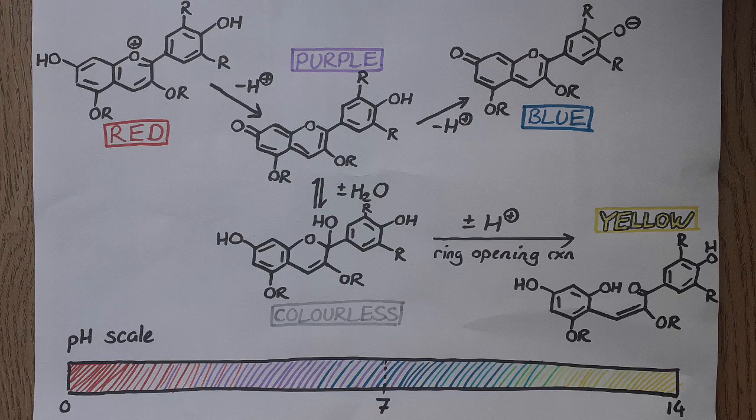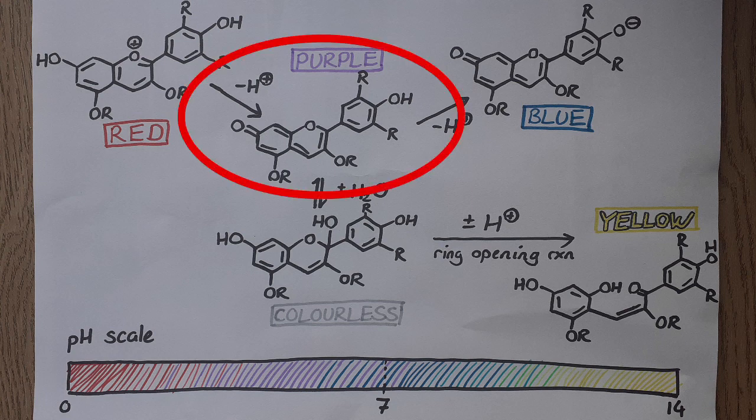This reaction scheme shows how anthocyanins behave at different pH levels. At very low concentrations of OH-, so in an acidic solution with very low pH, it exists in its cationic form with a positive charge. If you abstract a proton with a base, for example a hydroxide ion, you get this purple species. Now, two things can happen.